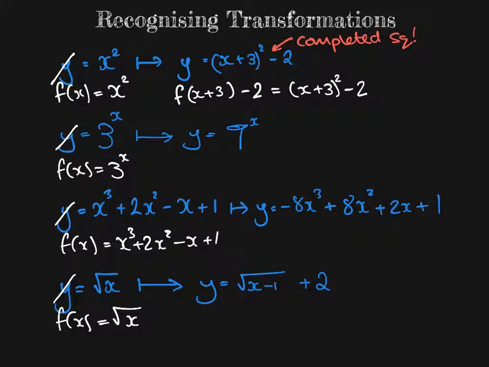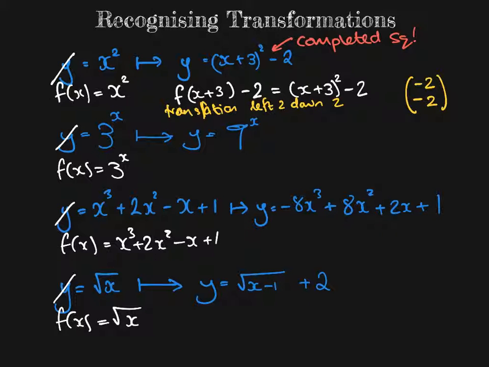So we're just moving into the function notation, and then we can describe what's going on. This is a translation, and it's going to go left 2, down 2. Or you could use vector notation and say it's a translation left 2, down 2, like that.